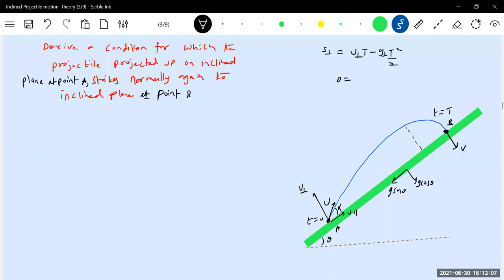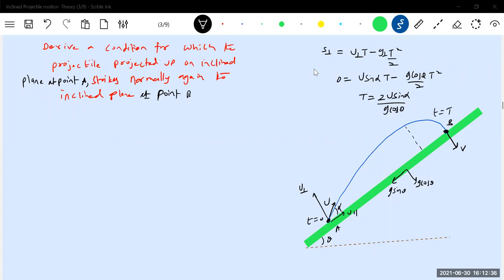There should be 0. u perpendicular will be u sin alpha t minus g cos theta t squared by 2. T equal to 2u sin alpha by g cos theta. There's an expression for time of flight.